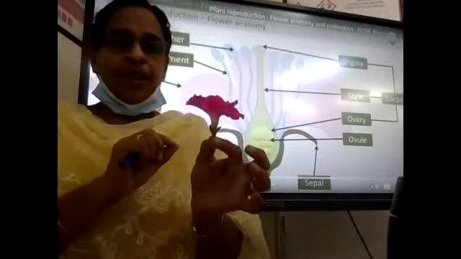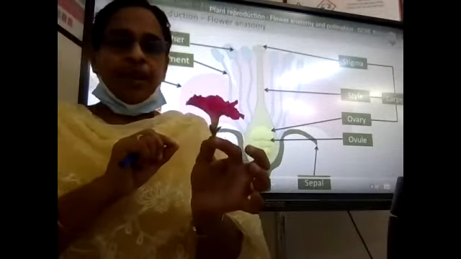Then there is a tube, and under that one, there is the ovary. So you can see here, cup-like structure is stigma, okay? And then the style, then the ovary. Inside the ovary, you can see many ovule or egg cells. Did you see? Yes.